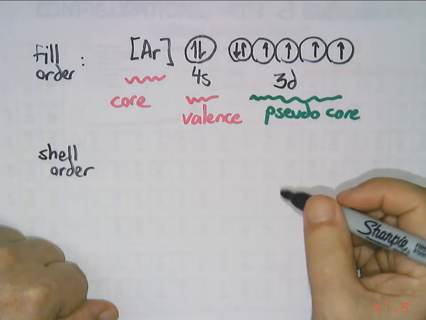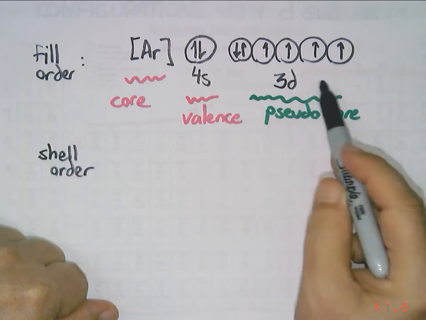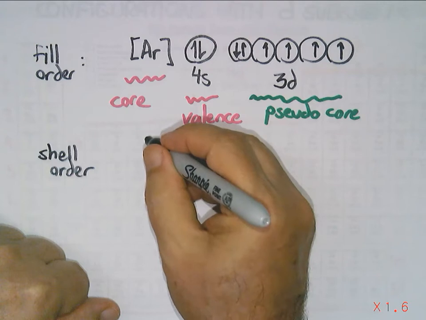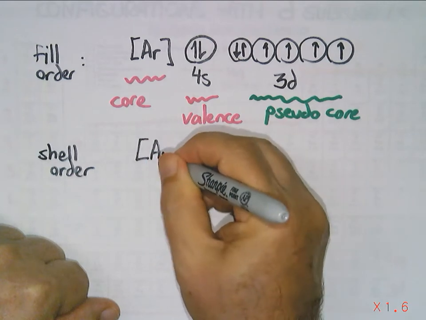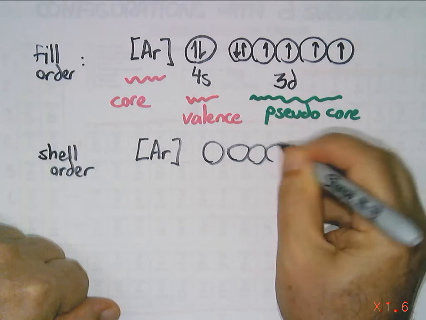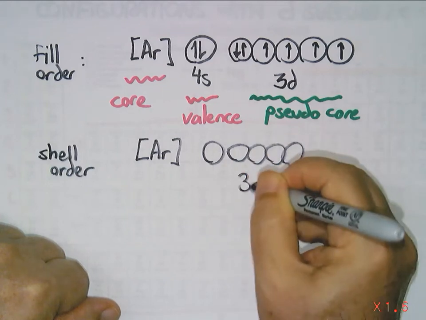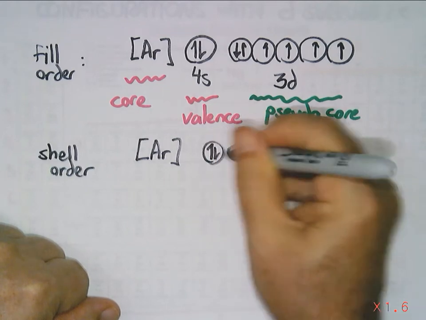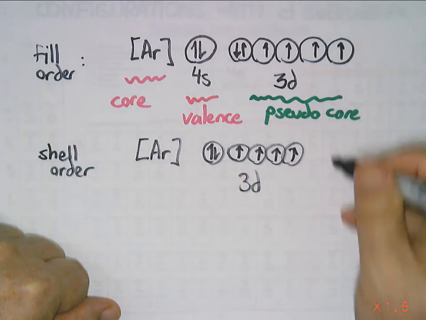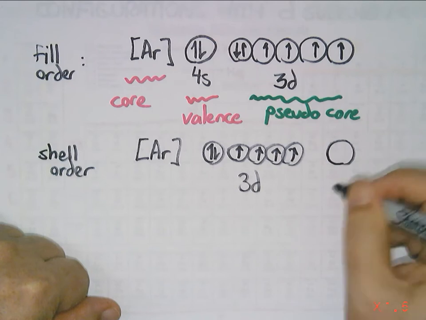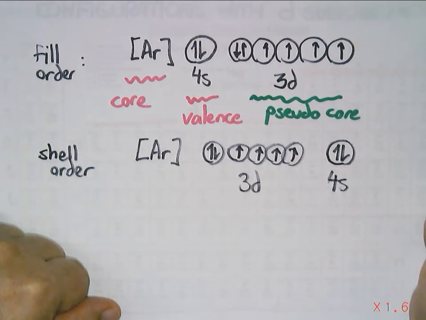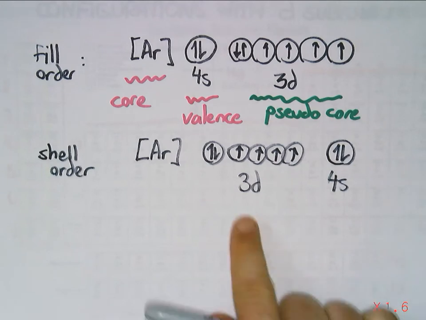And in shell order, you would put the shells outside the core in numerical order. So you would write this as argon 3D. I'm just copying it down. You can write it like this. Now it's in shell order.